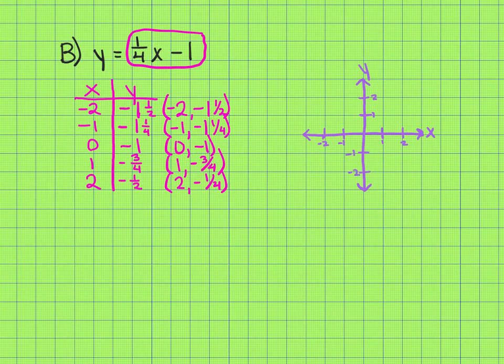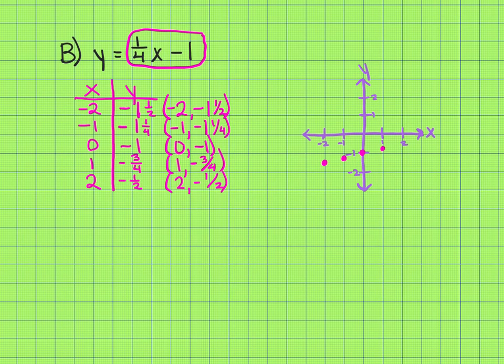And then I'm ready to plot my points from my table, those ordered pairs. So we have (-2, -1.5), (-1, -1.25), (0, -1), (1, -3/4), and (2, -1/2).